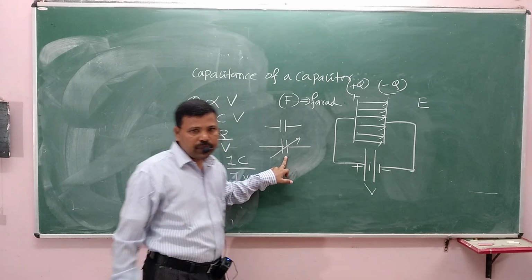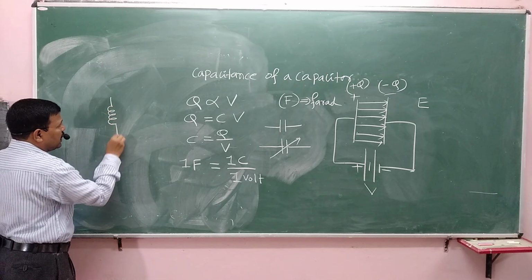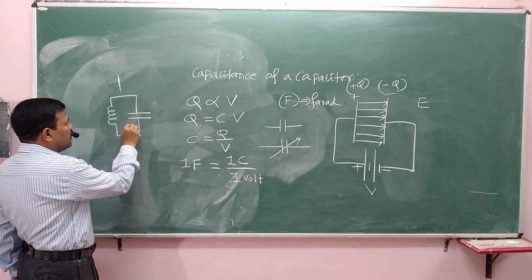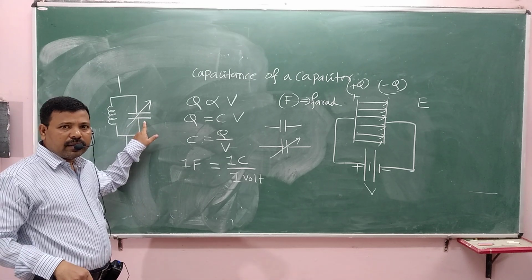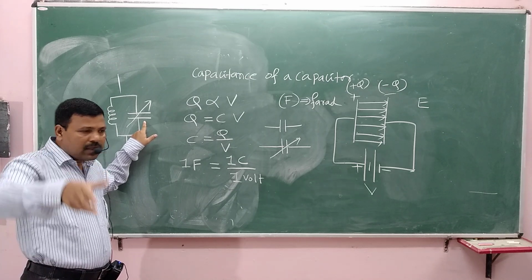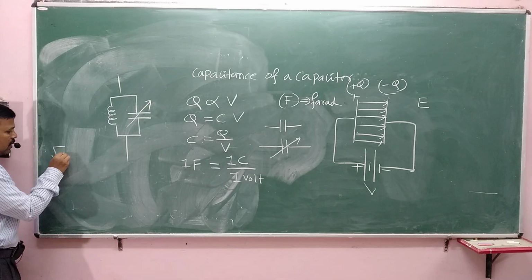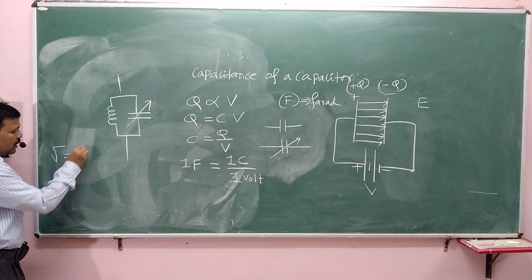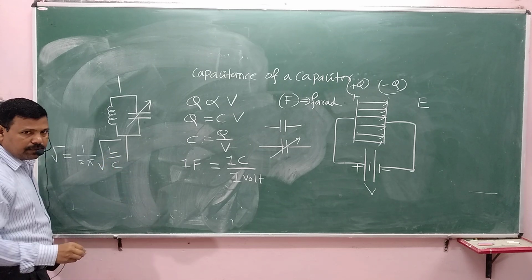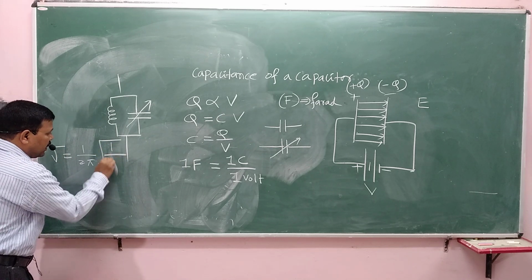In the radio tuning circuit, there are two devices. One is the inductor and the other one is the capacitor. Here we have connected a variable capacitor. As we change the capacitance of the capacitor, the frequency of this tank keeps on changing, by the formula that we are going to learn, 1 upon 2 pi under root LC.